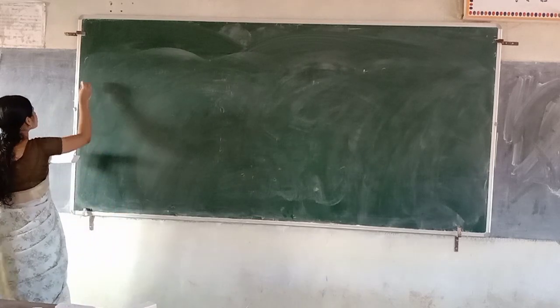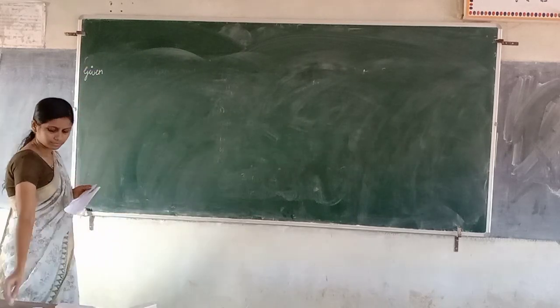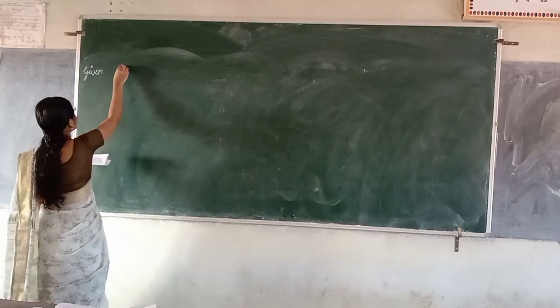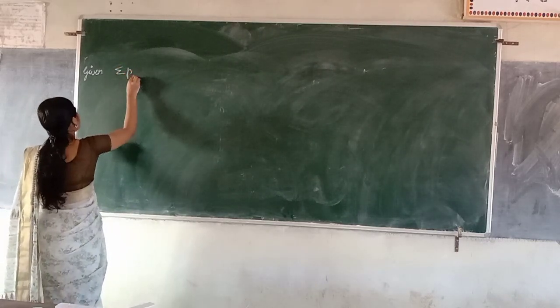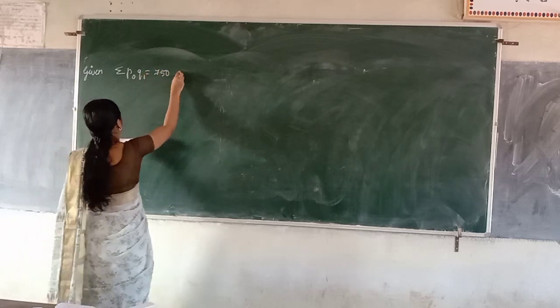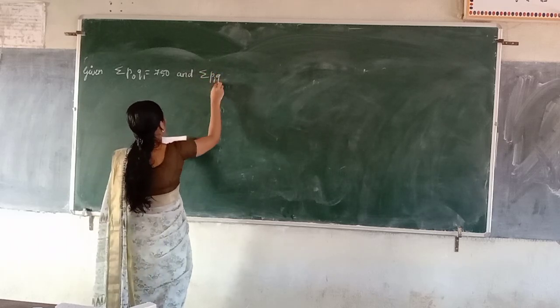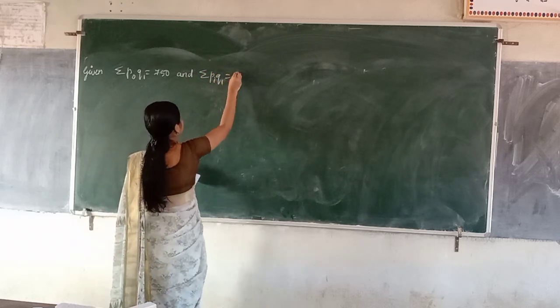Given summation of P naught Q1 is equal to 750 and summation of P1 Q1 is equal to 900.